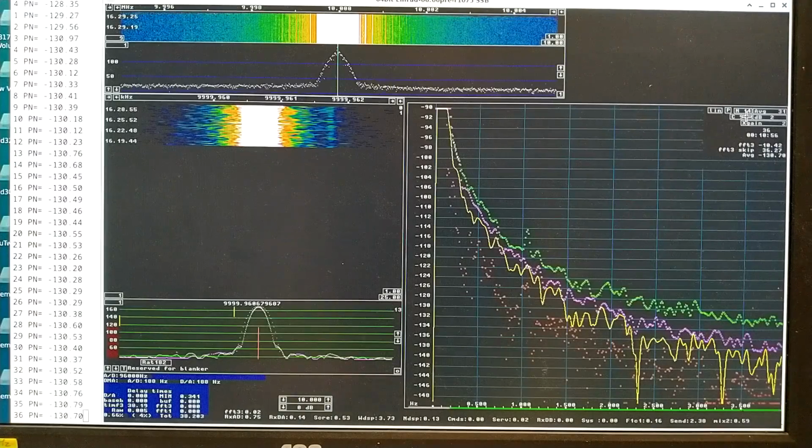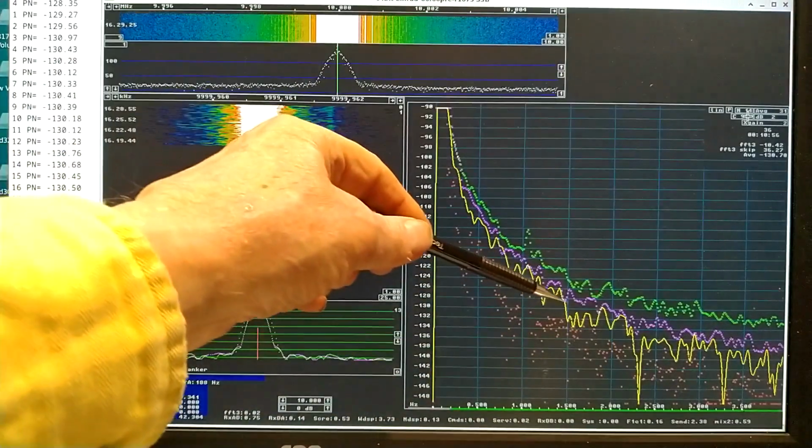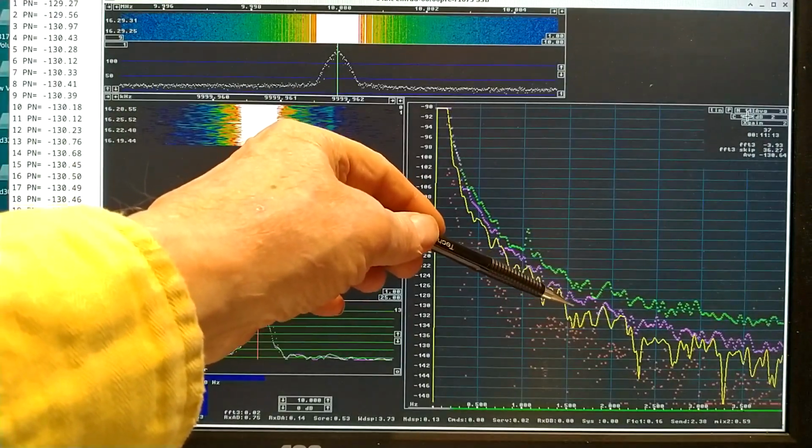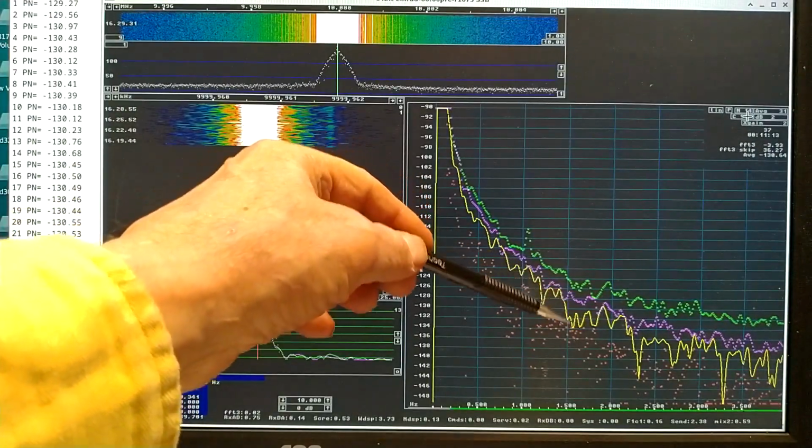For an accurate result, I have to run until the curve, the yellow trace, is within plus minus 2 decibels or something close to that.